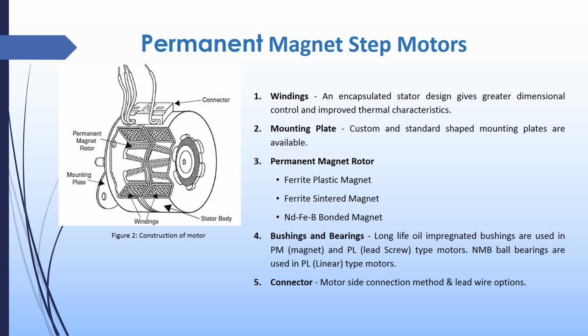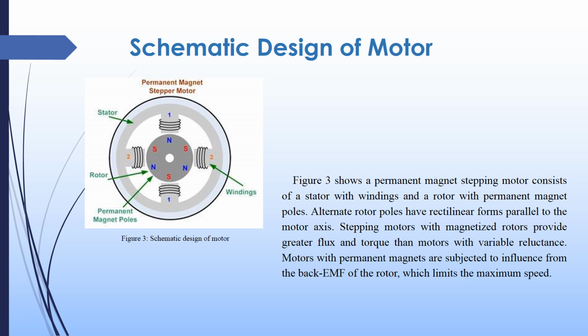The brushing and bearing are long life. Impregnated brushings are used in permanent magnet and PL, which means screw lead screw type motors, and the MMB ball bearings are used in linear type motors. The connector has the motor side connection method and the lead wire options.